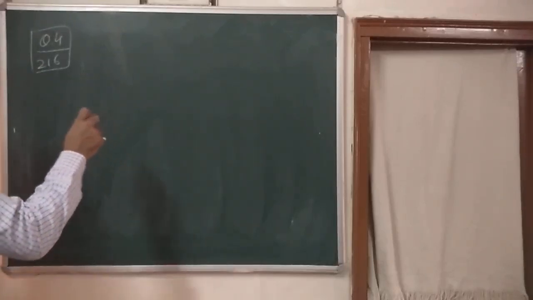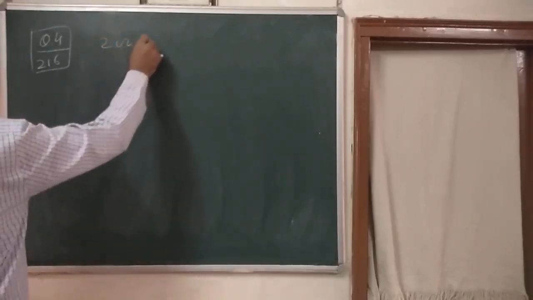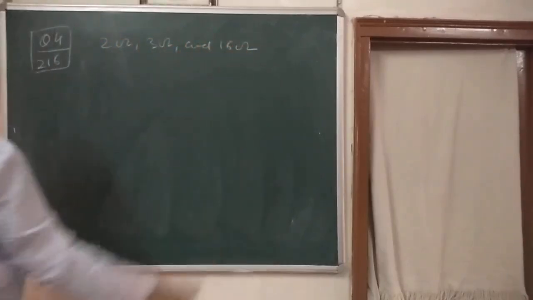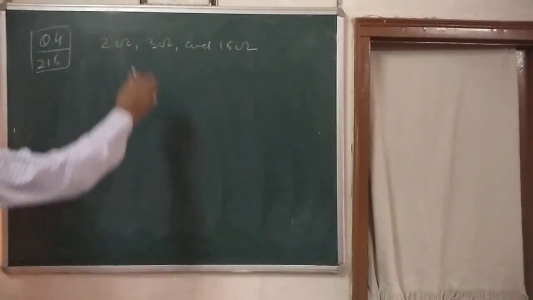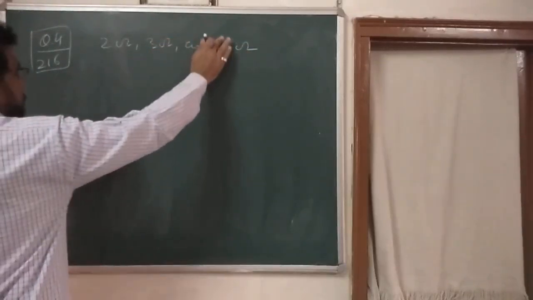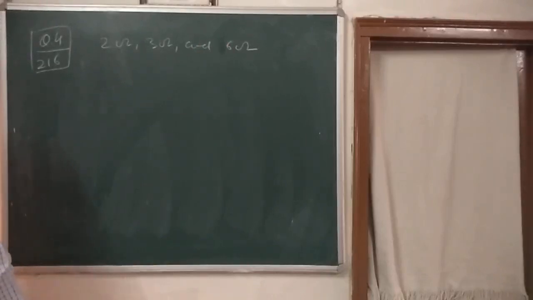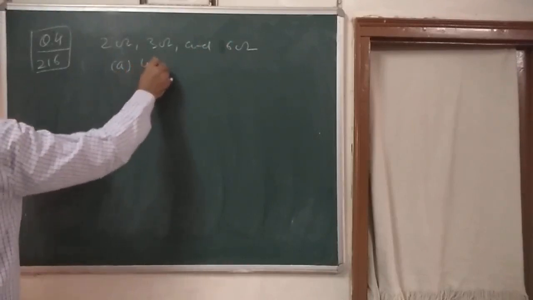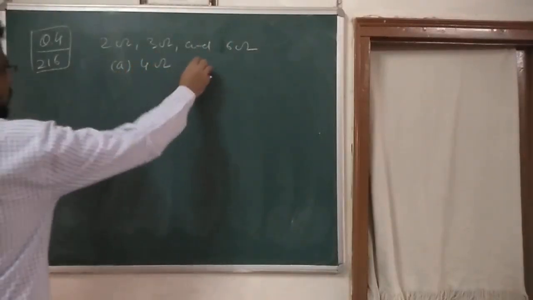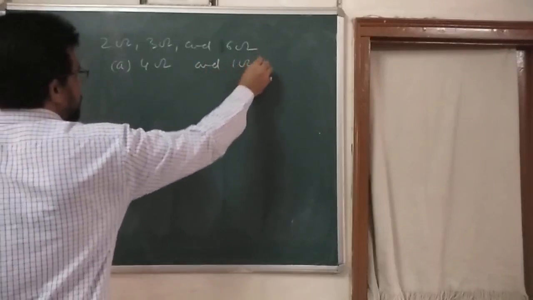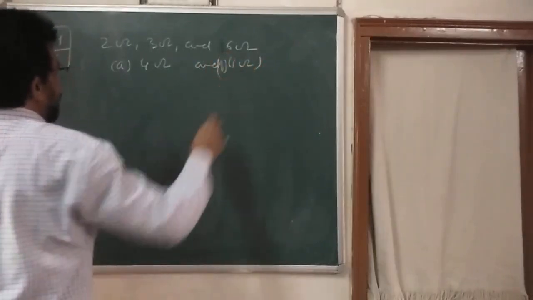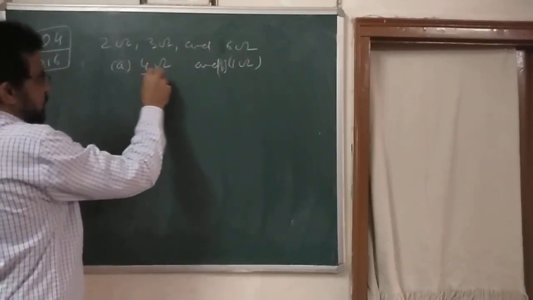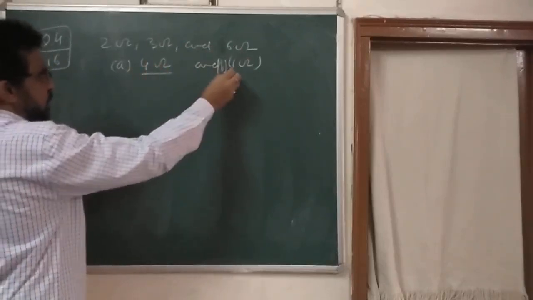How can the three resistors of 2 ohm, 3 ohm and 6 ohm be connected to give a total resistance of 4 ohm and 1 ohm? What is our problem? We are having 3 resistors. How will we connect it to get a result of 4 ohm and a result of 1 ohm?